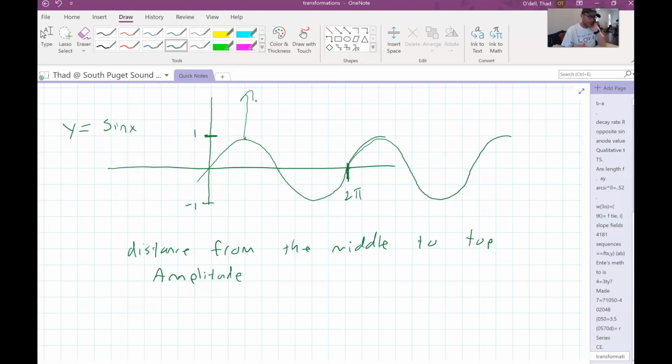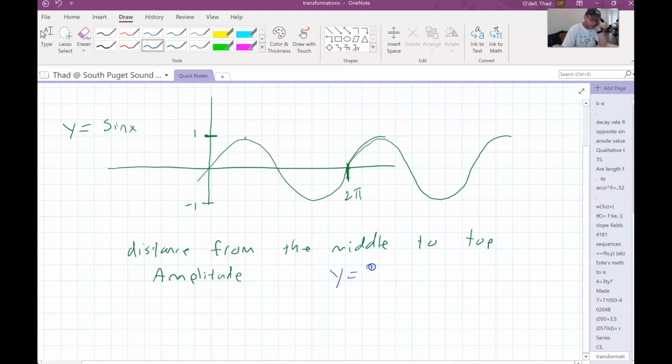If you remember back from pre-cal 1, if we multiplied on the outside of a function, it stretched it. So if you think of sine x as a new parent function, then y equals 2 sine x is just the parent function sine x being multiplied on the outside by 2. So that would stretch everything twice as far away from the origin. Let me do a different color here so you can tell. We'll use blue.